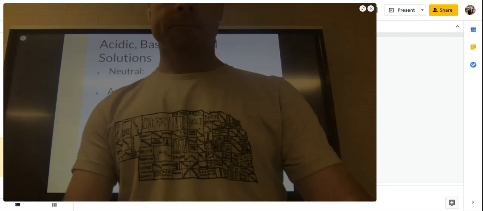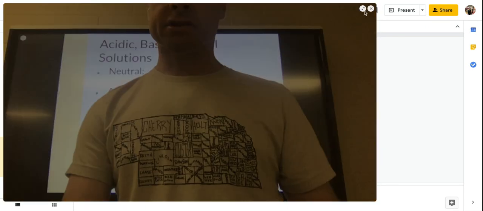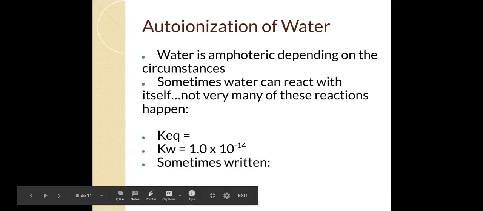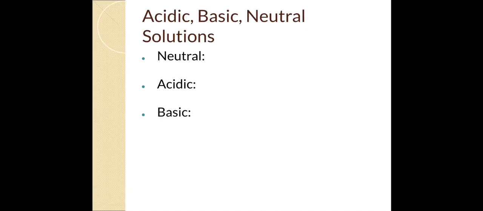Now, the reason that we pay attention to the H pluses and the OH minuses and all that stuff is because this will tell you if a solution is an acid, a base, or neutral. You might notice that H plus and OH minus are kind of like the codes that we used to use for acids and bases. I see H pluses, I think acids. I see OH minuses, I think bases.